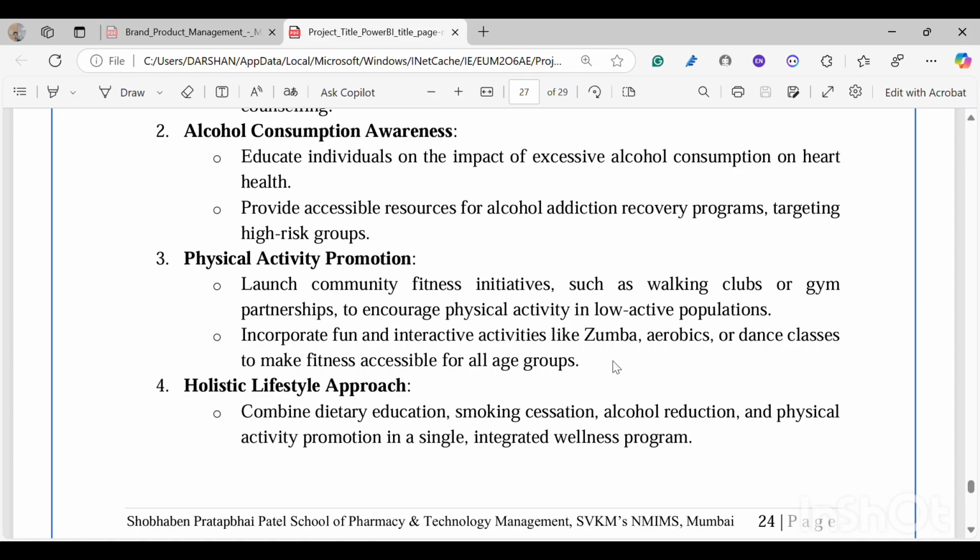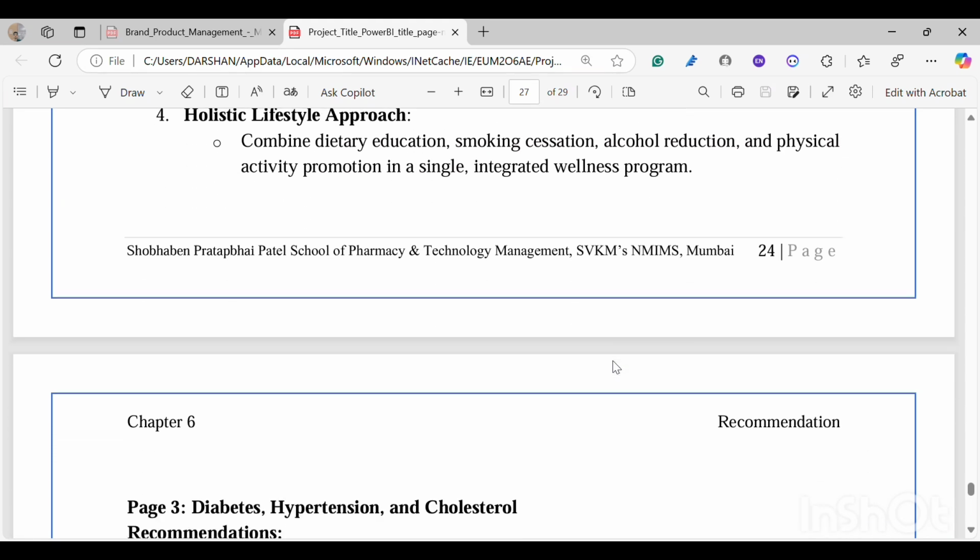For physical activity promotion, launch community fitness initiatives: Zumba, aerobics, dance classes. Make them energized, make them feel physically active so that you can decrease your chances of heart attack risk. Holistic lifecycle: combine all, don't focus on one factor, combine the 19 factors which we considered in our report.